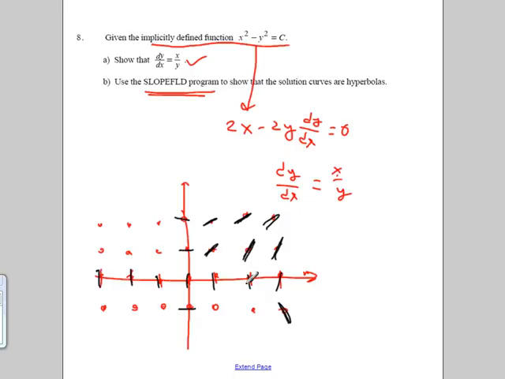And at 2, negative 1, it's going to be a slope of negative 2. And at 1, negative 1, a slope of negative 1. And if I fill in the rest of these, so let's see, negative 1, 1, and 1/2.